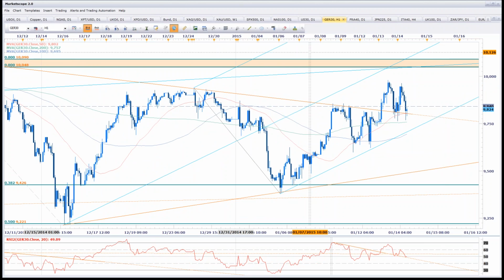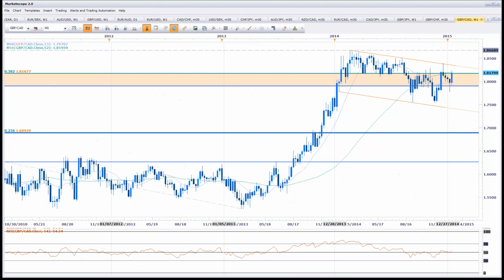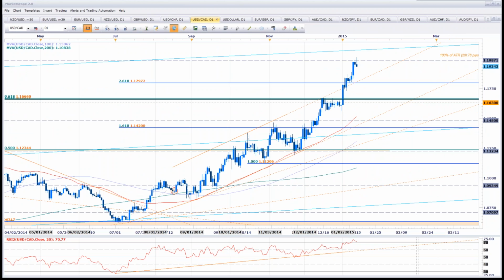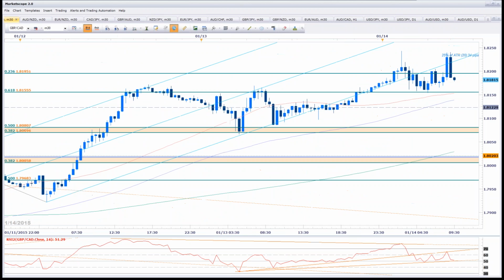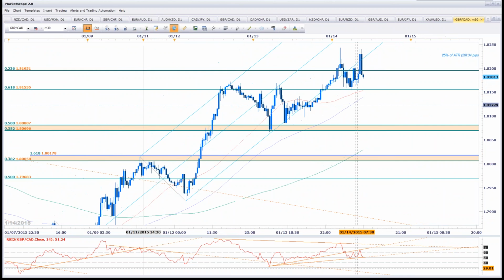Sterling CAD moving down rapidly, says Tuttle. Oh, that's the weekly. Watch the trigger.